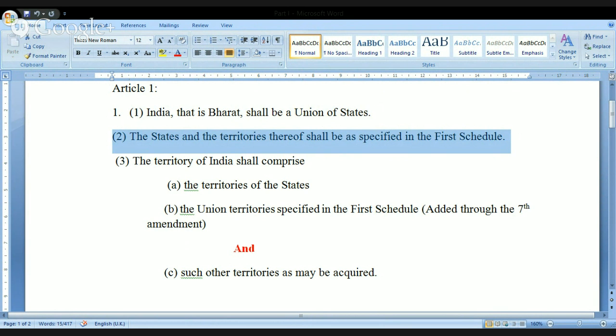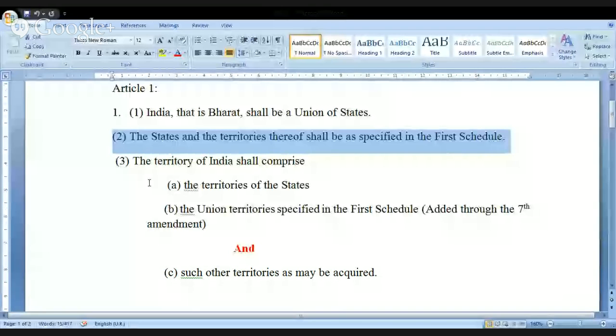Meaning, this particular clause is telling me very clearly that the names of the states and territories are mentioned in the first schedule. It was a question even in UPSC so many times, where the names of the states and union territories are mentioned. Kindly remember, the names are mentioned in schedule number 1 of the Indian Constitution.